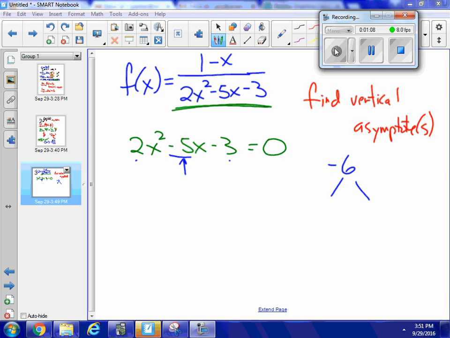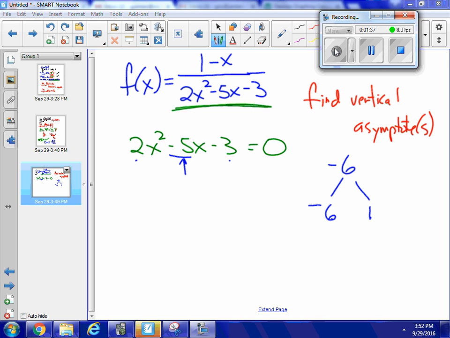I might think some form of 3 and 2, but to get negative 6, one would have to be negative and the other positive, and when I add them together I would not get negative 5. The other factors of negative 6 that could work would be 6 and 1, with the 6 being negative. When I add negative 6 and 1, I get negative 5.